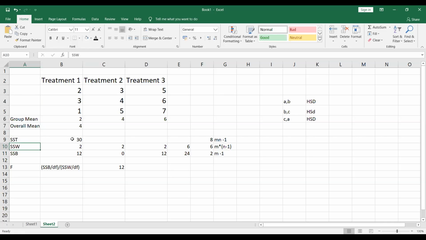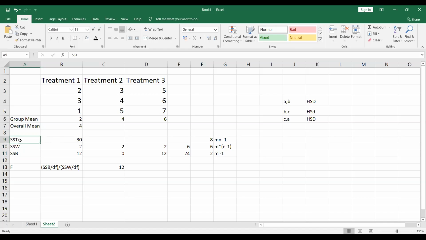You have 3 groups, so you found it for each group and summed it up. And between the groups is how individual group means are different from the overall mean. That is your SSB. As we do the calculation, we find that SSW plus SSB actually gives you SST.